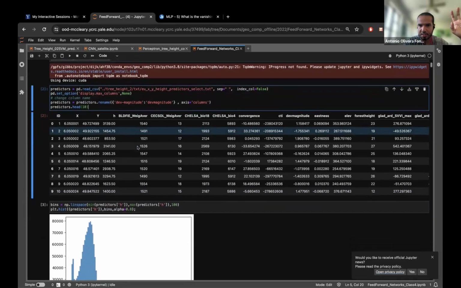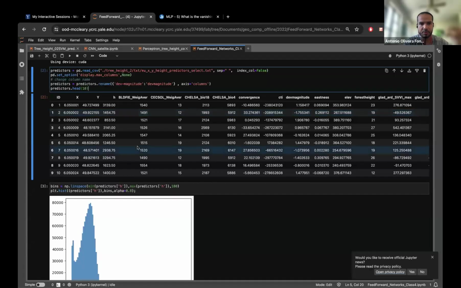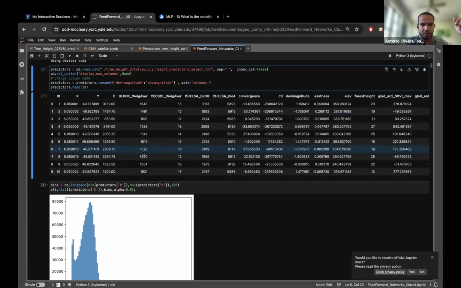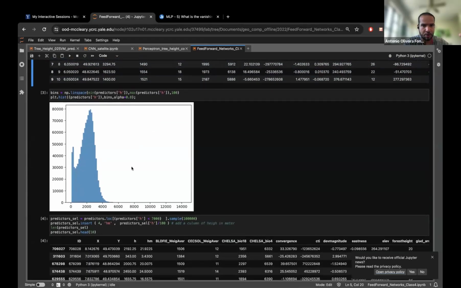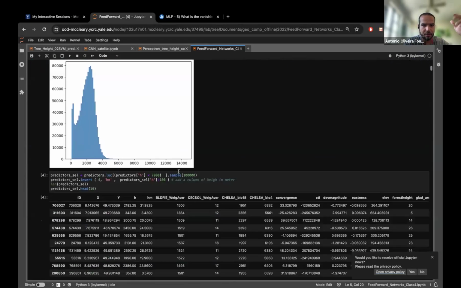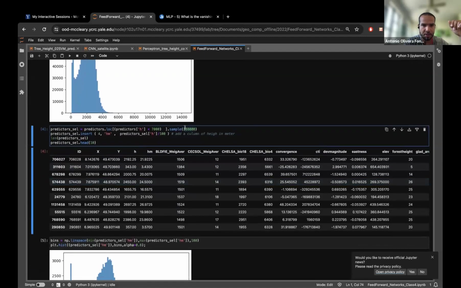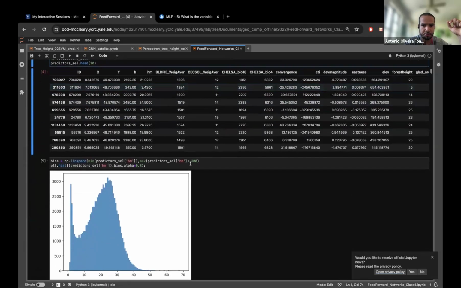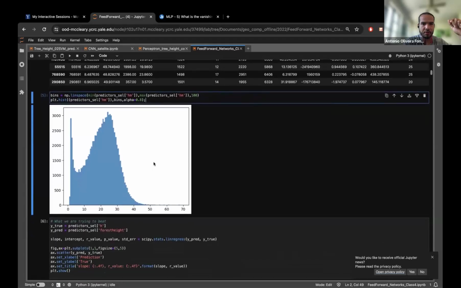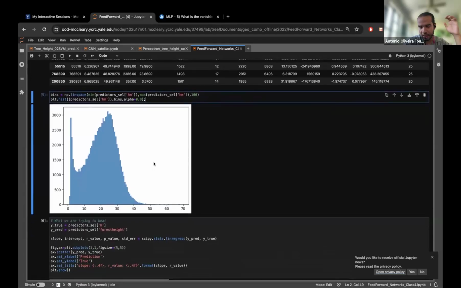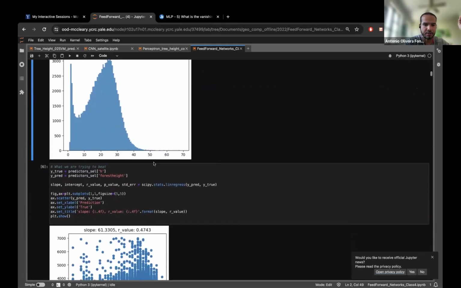The preprocessing is exactly the same that we have used before. I'm just plotting again for the sake of consistency. So that's our data frame. We had this data frame that's originally in centimeters. We are cropping it to 70 meters, doing the sampling, selecting 100,000 samples as done before, and plotting the distribution after this conversion to meters.